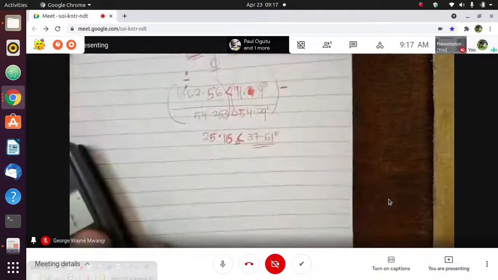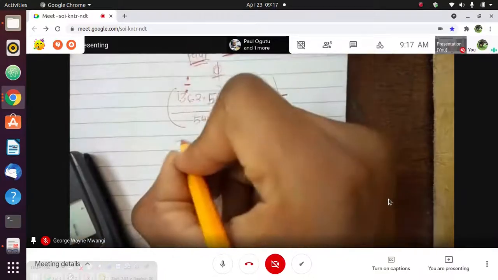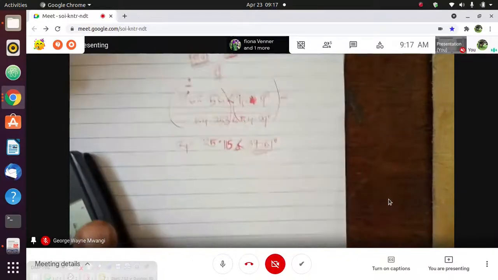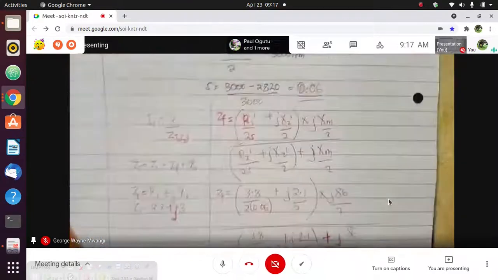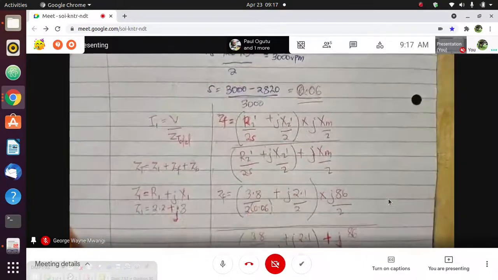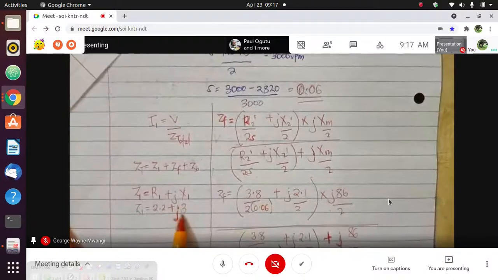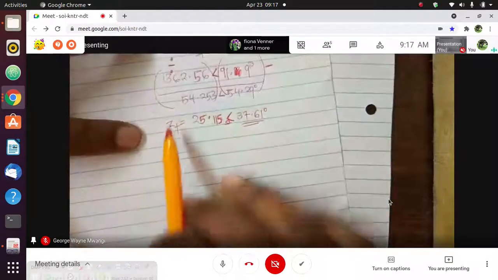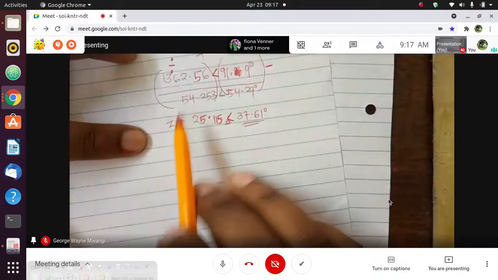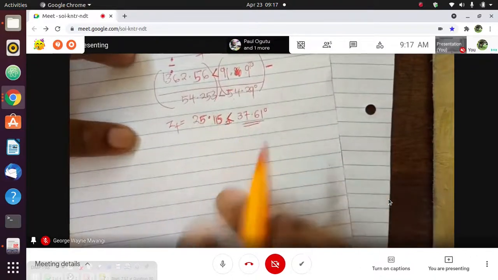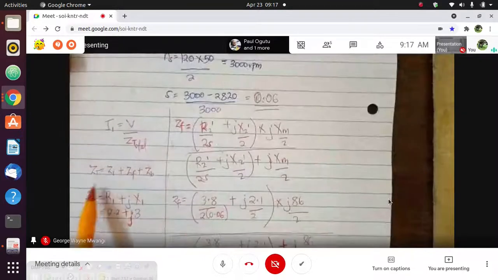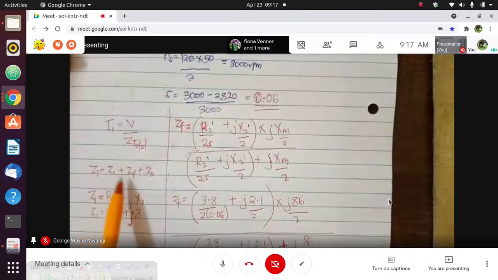Now remember that this is ZF, and our Z1 was in complex form, 2.2 plus J3, and now we have our ZF in polar form. We want to convert this back to complex form so that we can find ZT, the total impedance, Z1 plus ZF plus ZB.